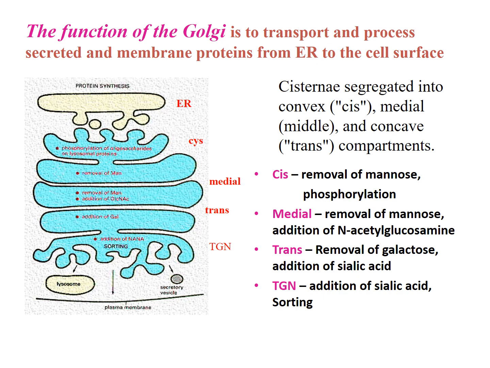So the function of the Golgi is to transport and process secreted cytosolic proteins, enzymes, hormones, transmitters, these kind of things, and membrane proteins newly made from the ER to the cell surface. So this cartoon shows the Golgi cisternae, the cis, medial, trans. Here's the trans, the cis, medial network.